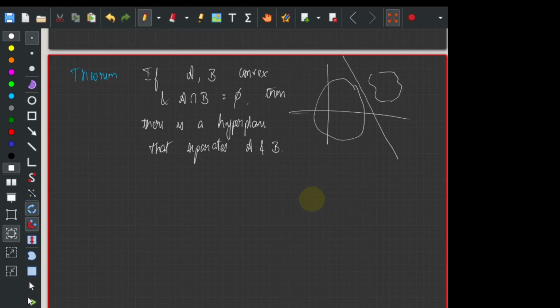Okay, a sector. So you call this set A, and let's say that this set is B. Then it's impossible to construct a hyperplane which separates A and B. Right? Any other examples?